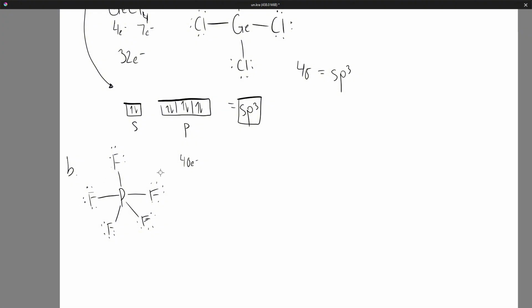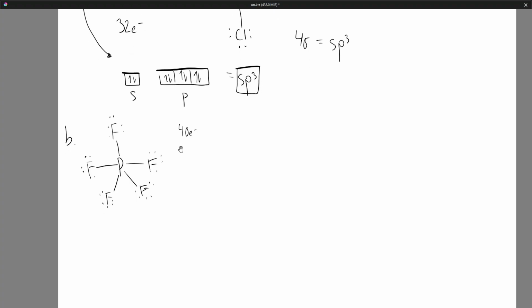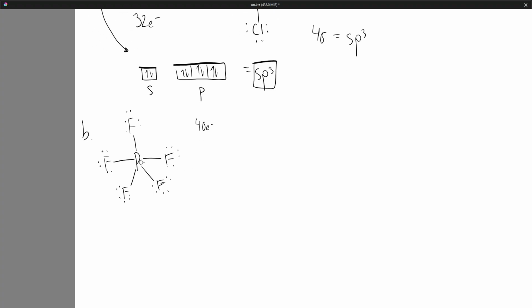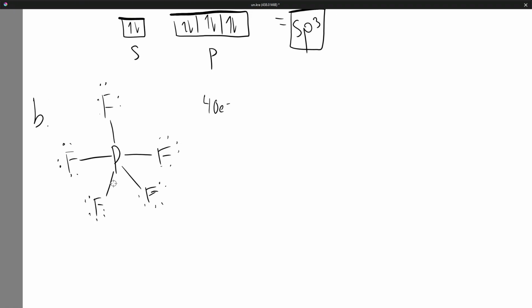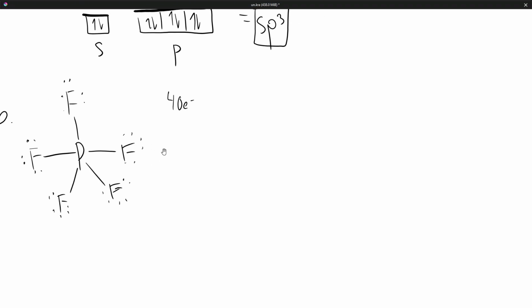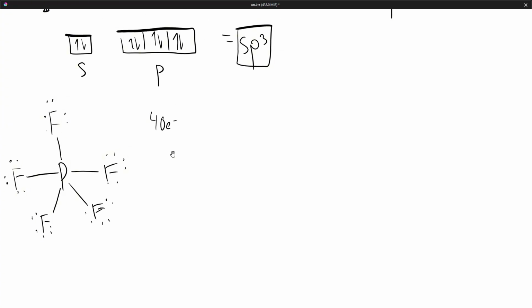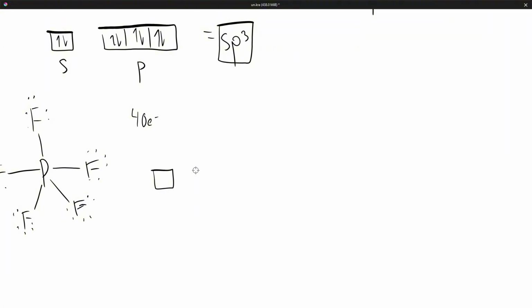See? We use up all 40 electrons. Now we want to count the electrons around phosphorus. There's 2, 4, 6, 8, 10 electrons around phosphorus, which means we want to fully fill up 5 orbitals.